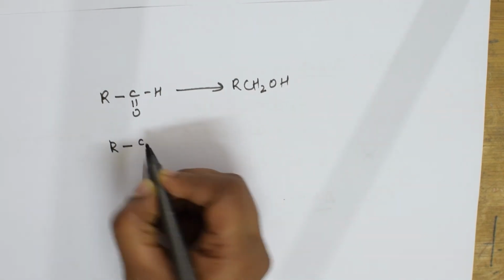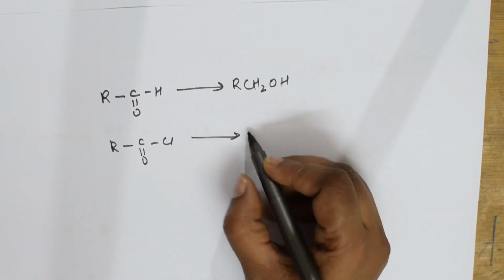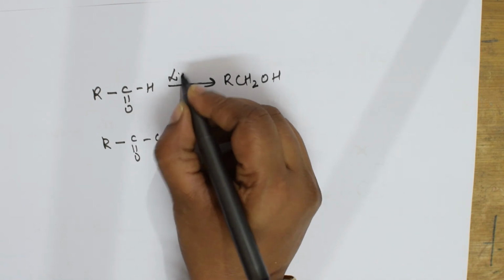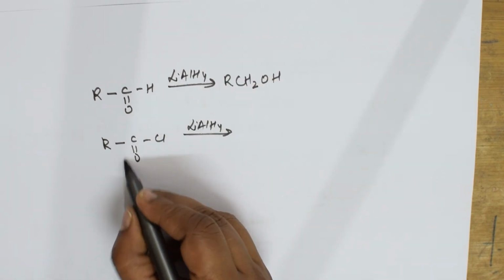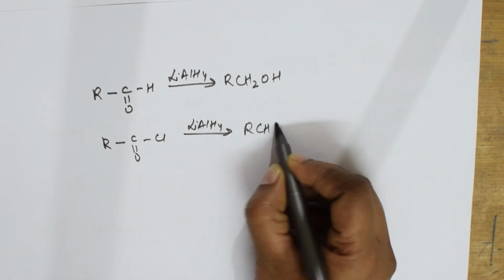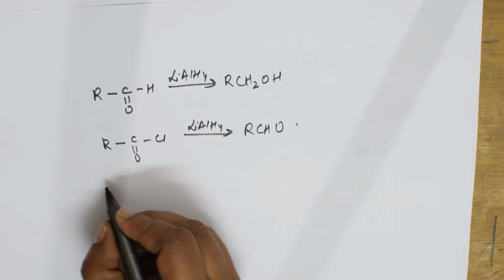Suppose I have RCOCl, see, everywhere there is a C double bond O group. With lithium aluminum hydride as the reducing agent, again this bond is going to shift, hydrogen adds. So what do I get? RCHO. Right, students?